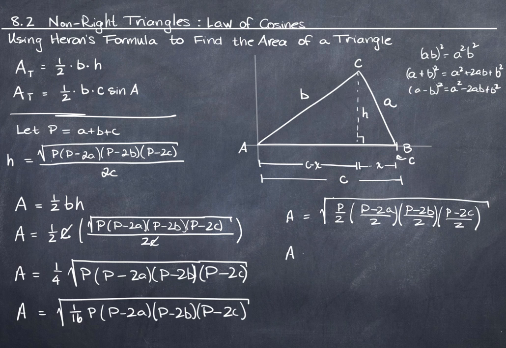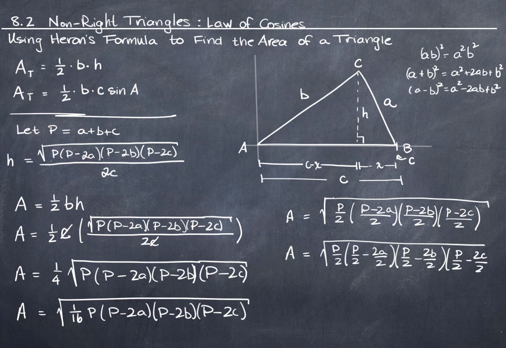Okay, so now I'm going to rewrite this again as P over 2 times, this is P over 2 minus 2A over 2 times P over 2 minus 2B over 2 times P over 2 minus 2C over 2.